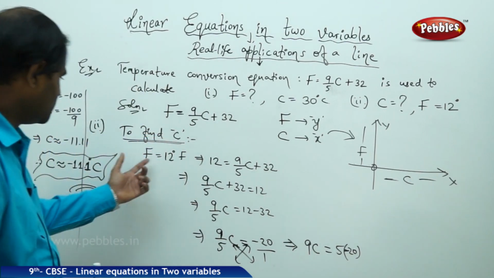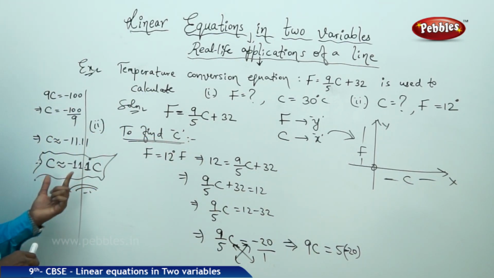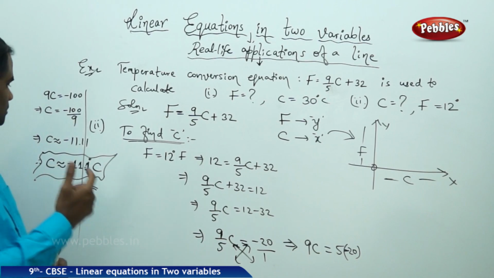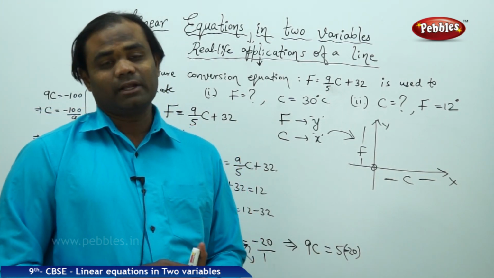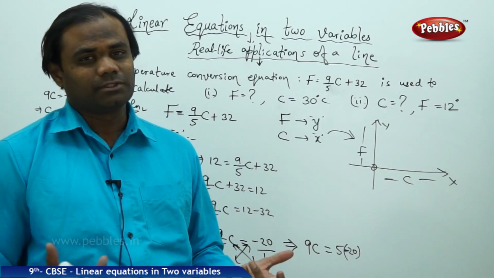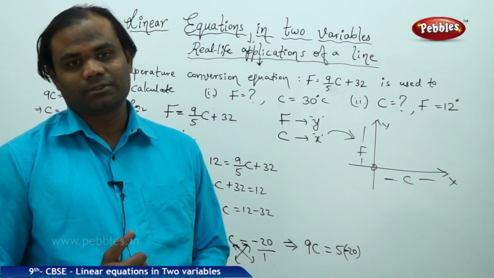So F equals 12 implies C equals negative 11.1 is how we can find the values of the temperature conversions using the linear equation.